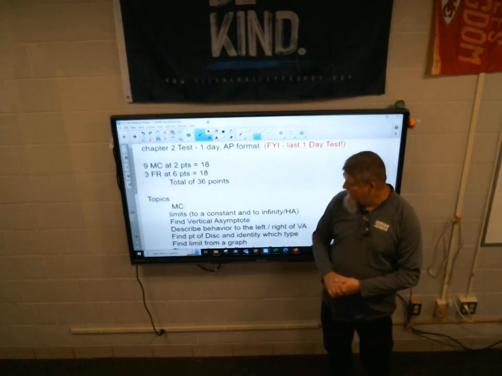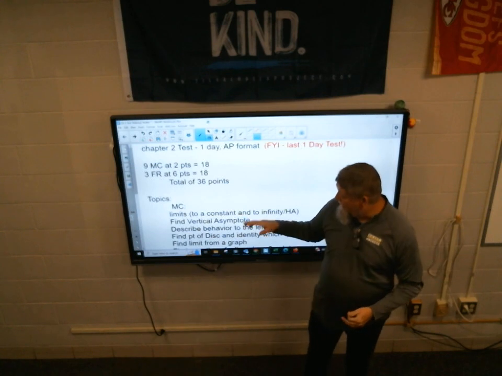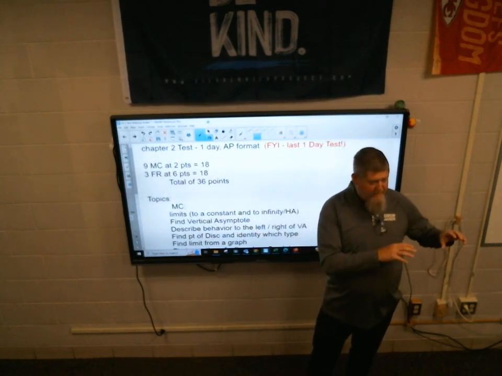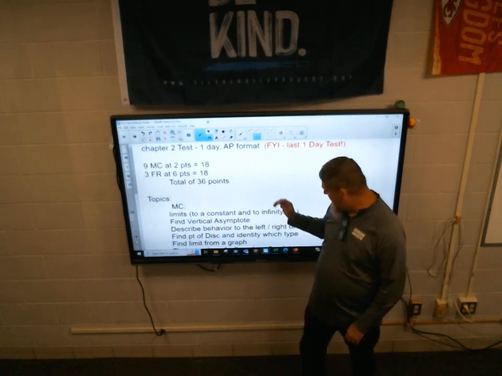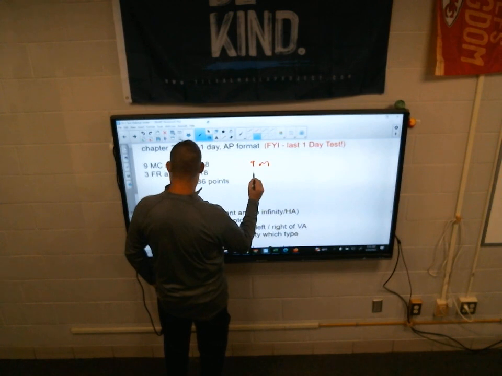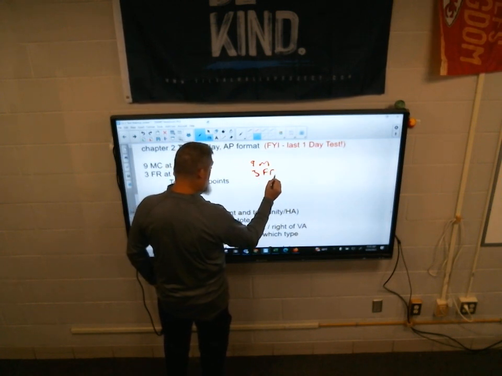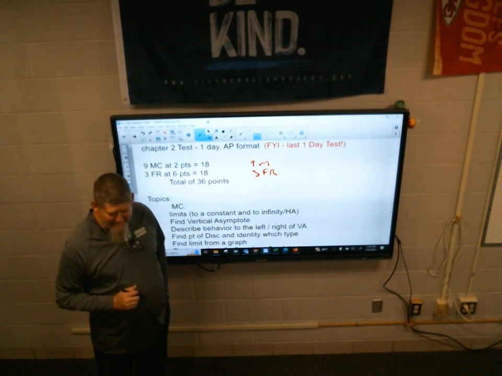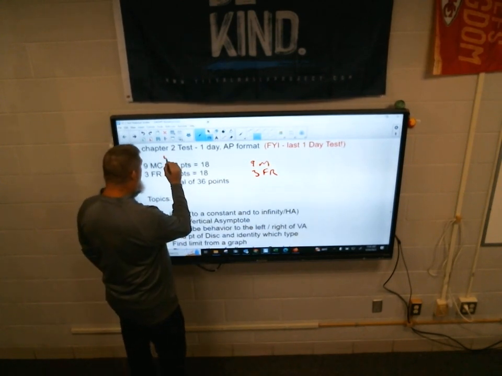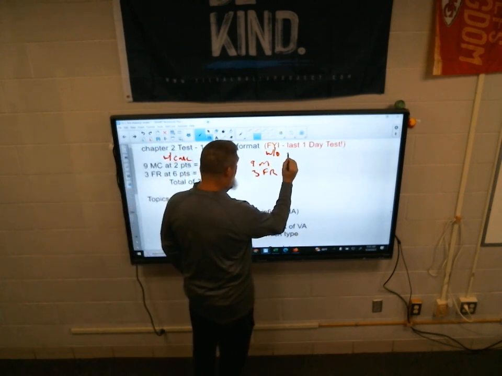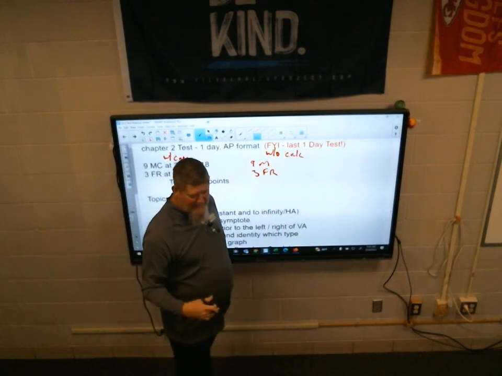Now, the typical AP would have the same type of breakdown, and we'll do this on Chapter 3, 4, 5, 6, and 7. But you will have a second set of 9 multiple choice and 3 free response. Do you know what the difference between those two sets are? This one will be with a calculator. This one will be without a calculator, because AP does half and half.